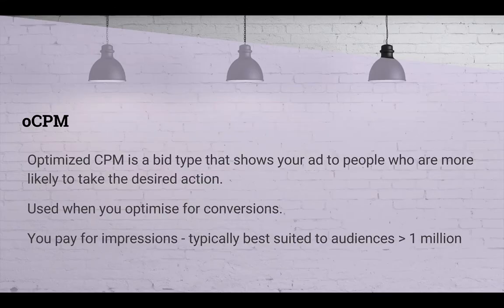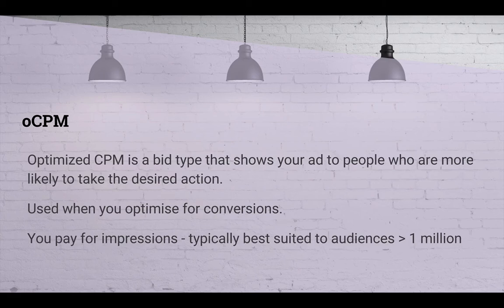So before I kick into this, what I want you guys to understand is OCPM. This may be a very new term for you. Maybe the term CPM rings a bell, so cost per thousand impressions. What we're covering today is OCPM, so this is optimized cost per thousand impressions. This is the part of the algorithm that you use when you run a conversion campaign optimized for conversions.